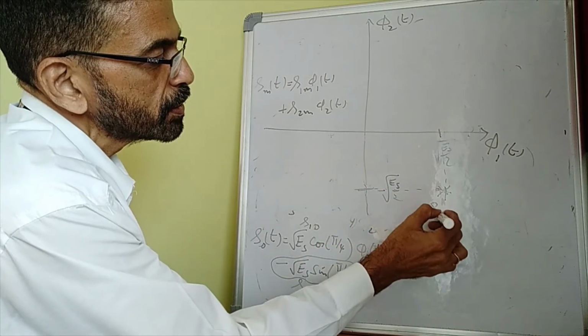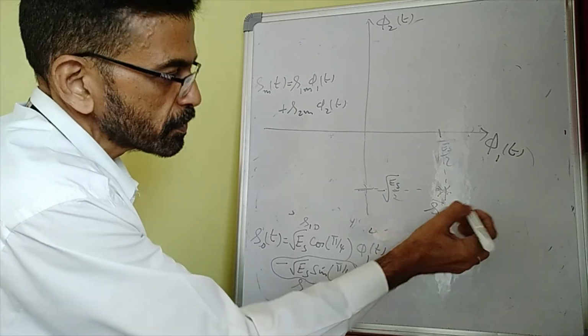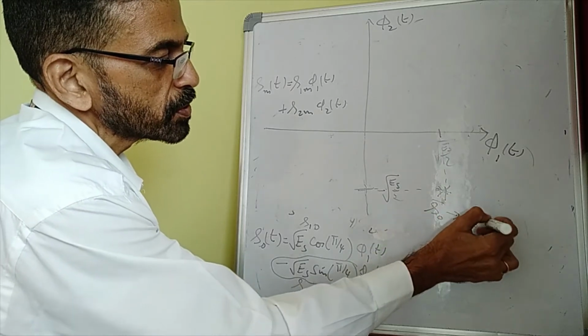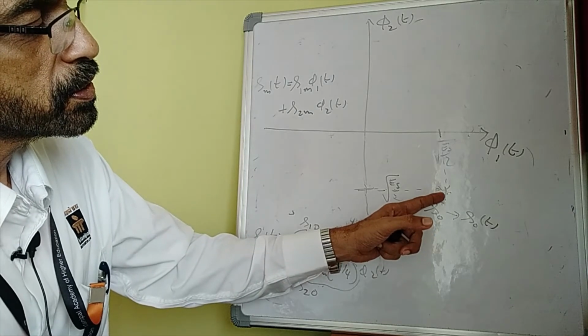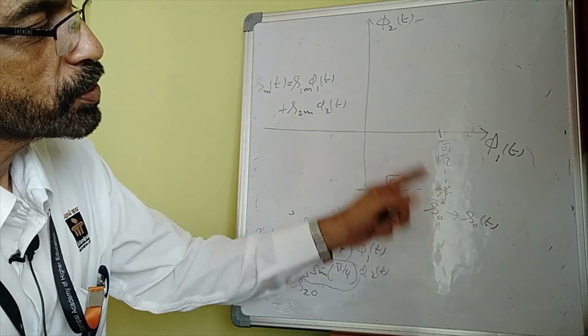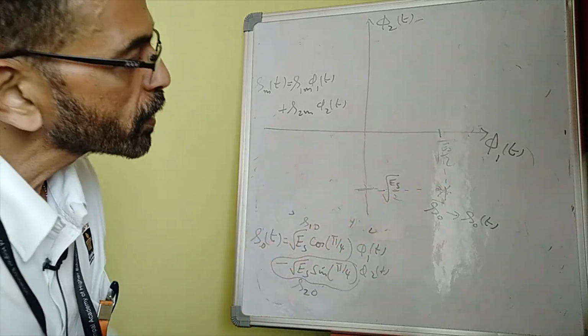So I will write S0 vector, which is the same as the signal S0(t). So S0(t) is now represented by this point in the signal space diagram.